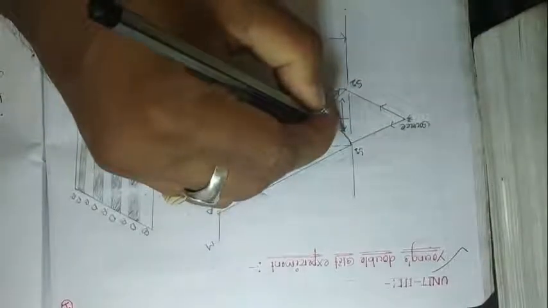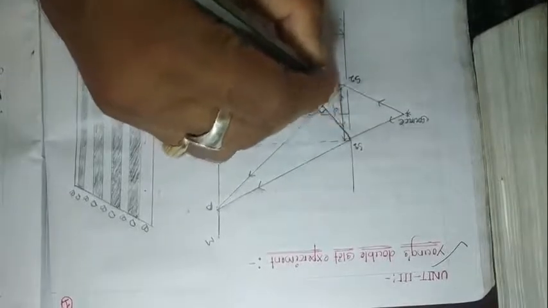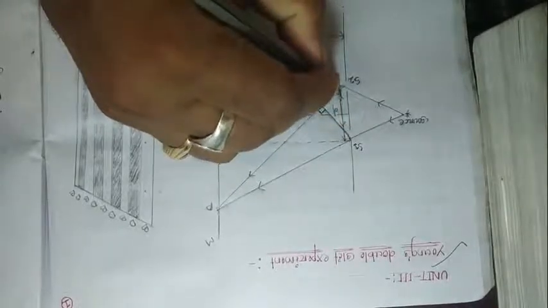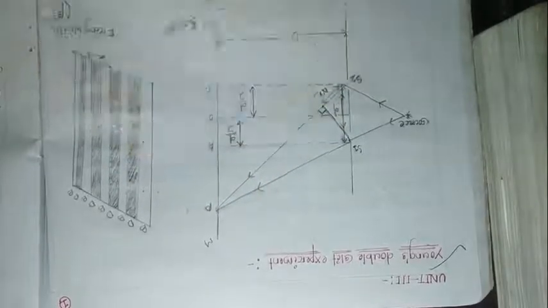You have to draw the S1 to S2 line correctly, and the arrow mark is small d.